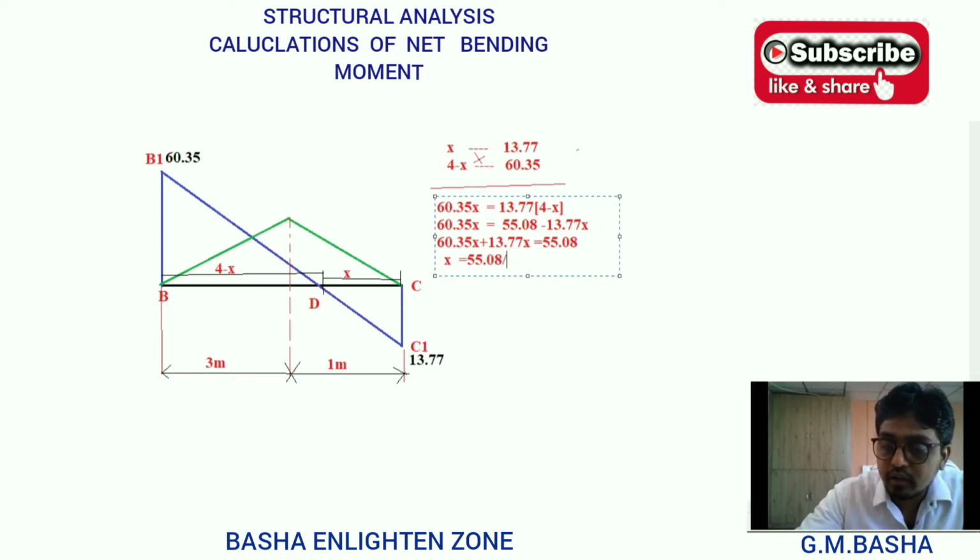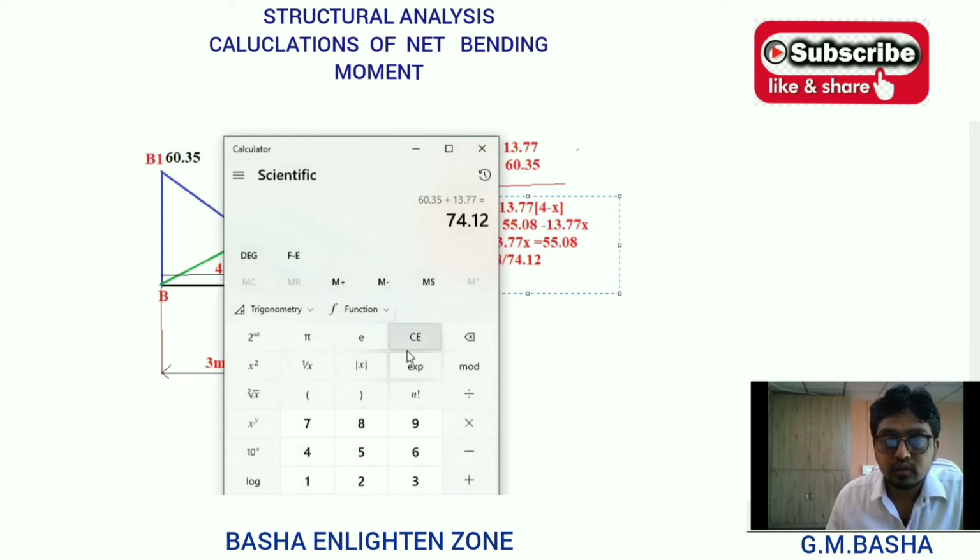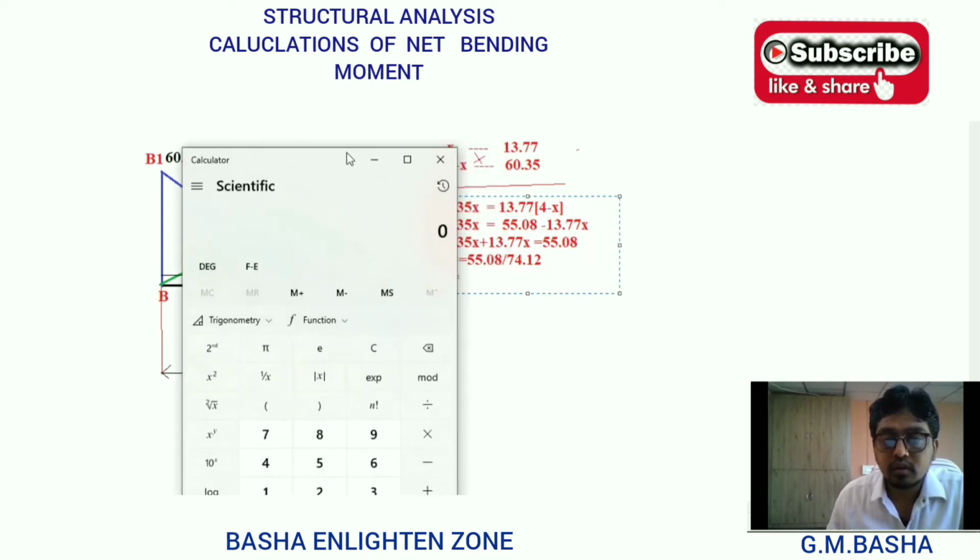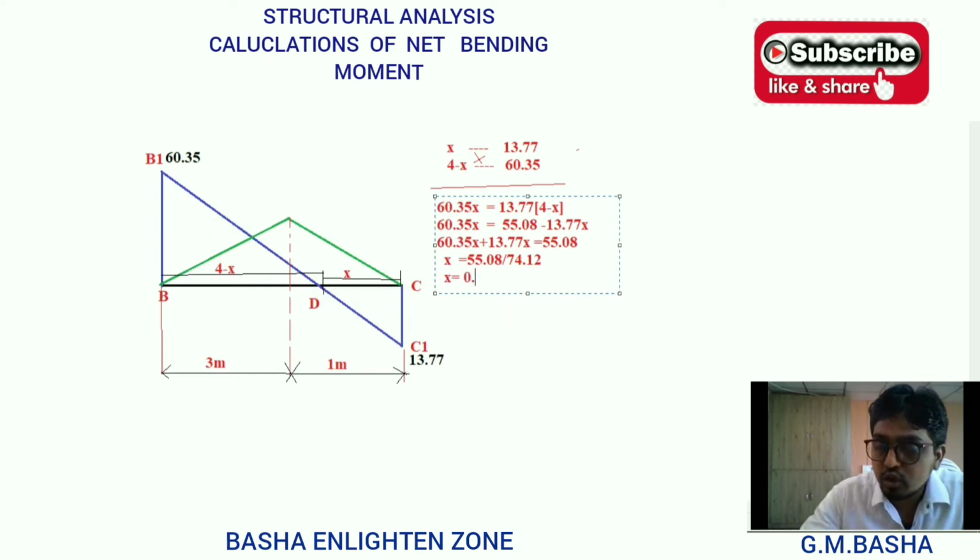Therefore your x value will be 0.743. So your x distance will be 0.743, taking 3 digits after the decimal.